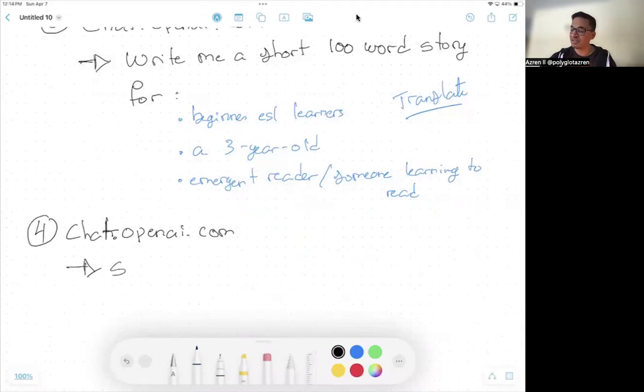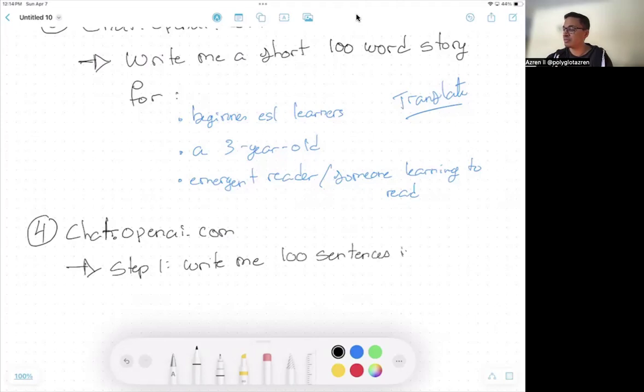So step 1, you're going to tell ChatGPT this: write me, let's say 100 sentences in Spanish.